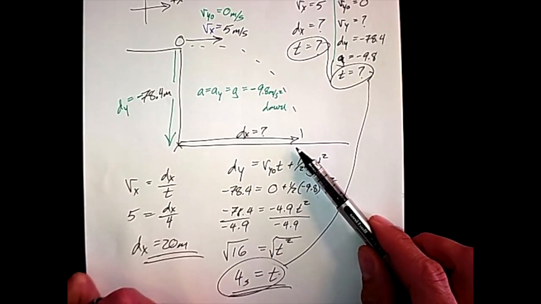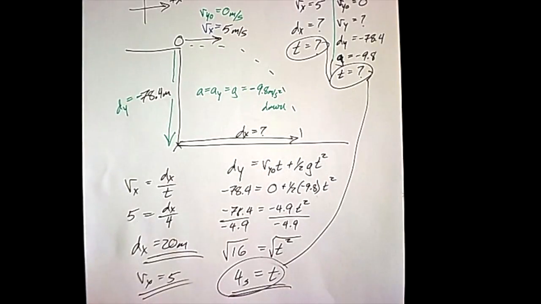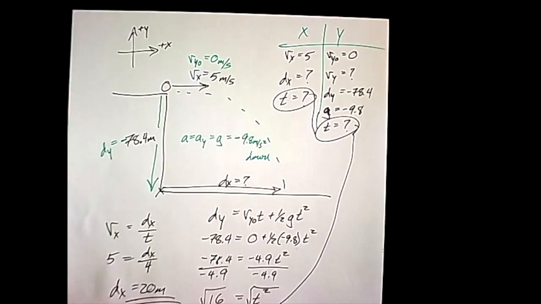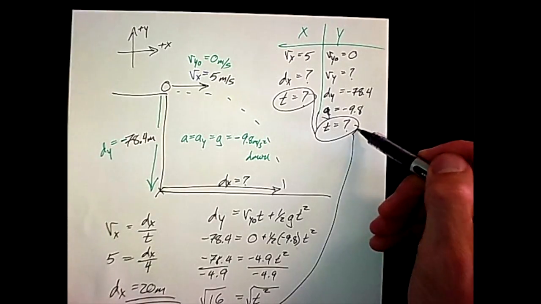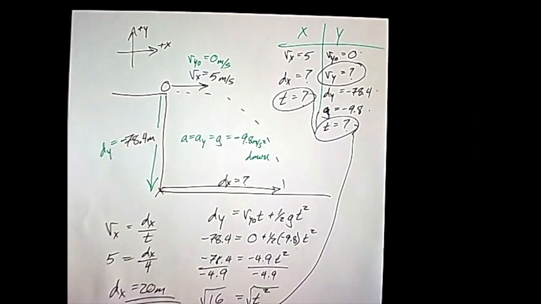Exactly the point. So that means that you already know Vx equals 5. That was the answer to that part, horizontally. So then the question is, what is the vertical velocity just before it hits the ground? Well, I would assume that since you now know time and you know every other variable, all you have to do is solve for that, and that's the answer.